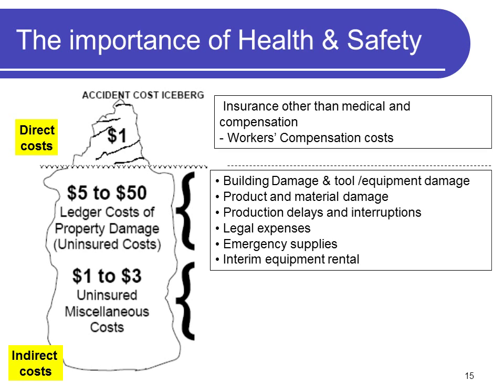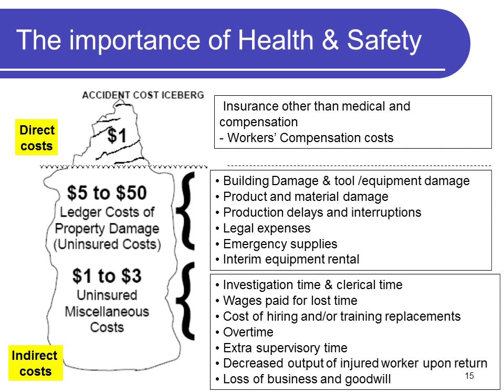Products and material damage, for example, disruptions or interruptions in production, legal expenses, emergency supplies that you have to replace. Let's say that you have a spill of chemicals and you need to throw everything in the garbage, and then you need to pay to dispose of all the chemicals that were spilled. If you had to rent equipment, maybe it's not included in the insurance cost. But what about my time and people's time in investigating this accident?